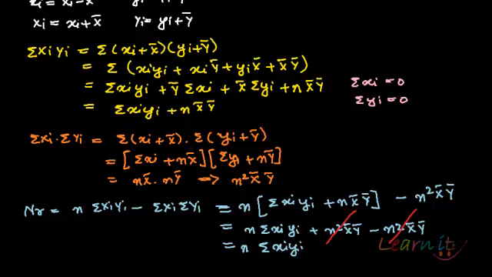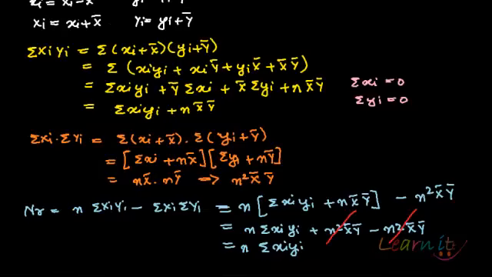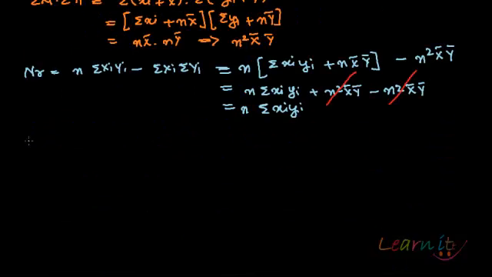Clear? Now let us look at your denominator. Denominator is n summation Xi square minus summation Xi whole square. Clear? So, n summation Xi square minus summation Xi whole square. Fine. Now what is summation of Xi square?